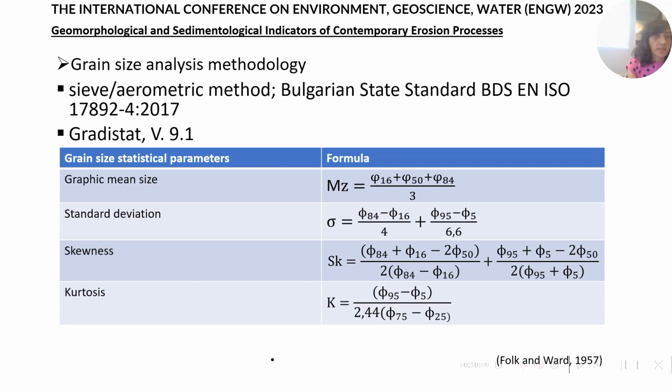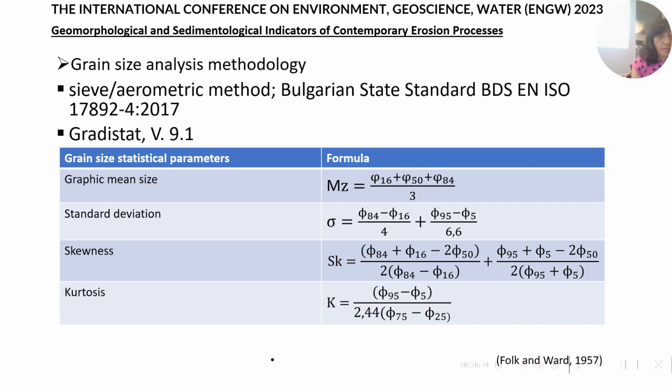We analyzed graphic mean size of the particle size, standard deviations, skewness, and kurtosis, and used the well known methodology in geomorphological and geological studies for determining these statistical parameters using the cumulative curves, which were made from the fractions that we received as a result of grain size analysis.